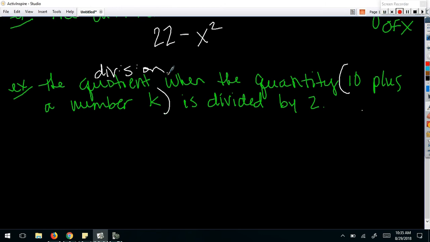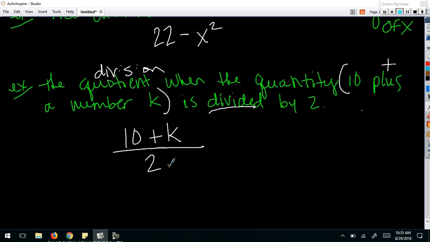Plus means add. There's divided again. You're exactly right. 10 plus k, there's my quantity of 10 plus k, divided by negative.